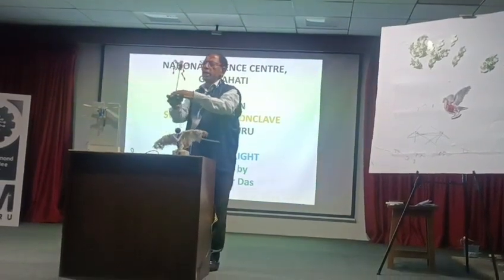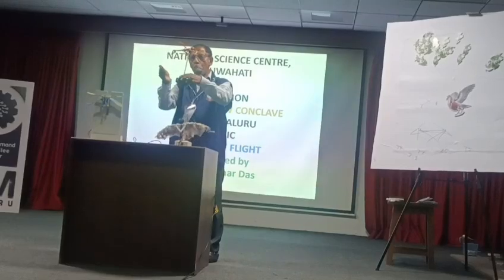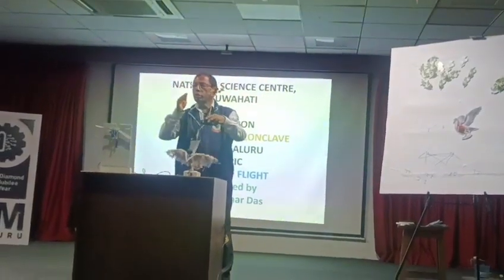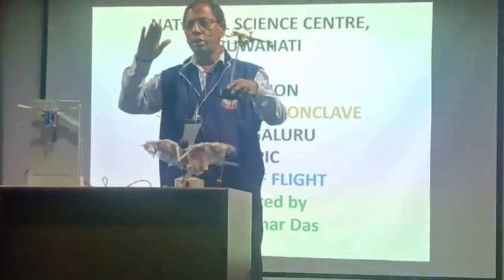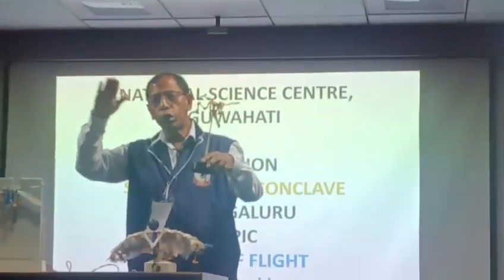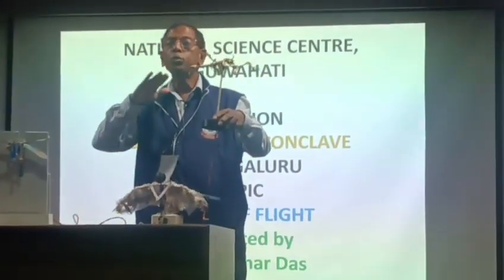The very light weight of the birds, like the bone I already mentioned, their feather weight is also almost similar, 6 to 10% of the total body weight. So these two important advantages help birds to fly.